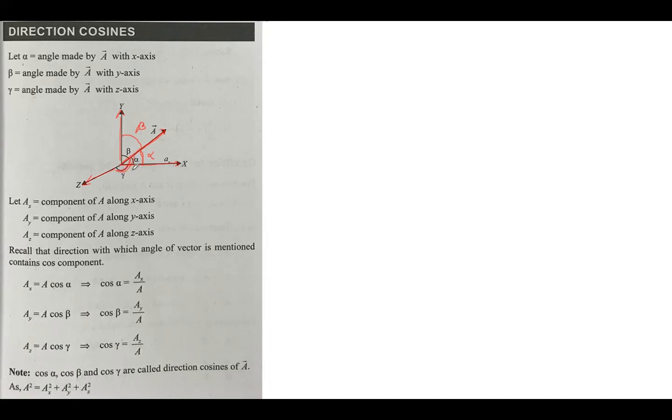Okay, right? Now if we find the cos of these angles, cos alpha, cos beta, and cos gamma, these are called direction cosines.